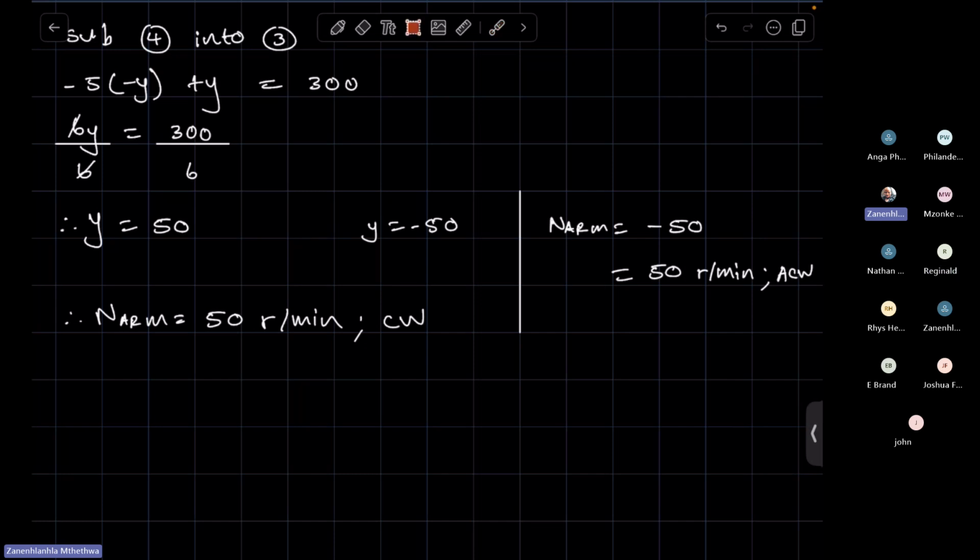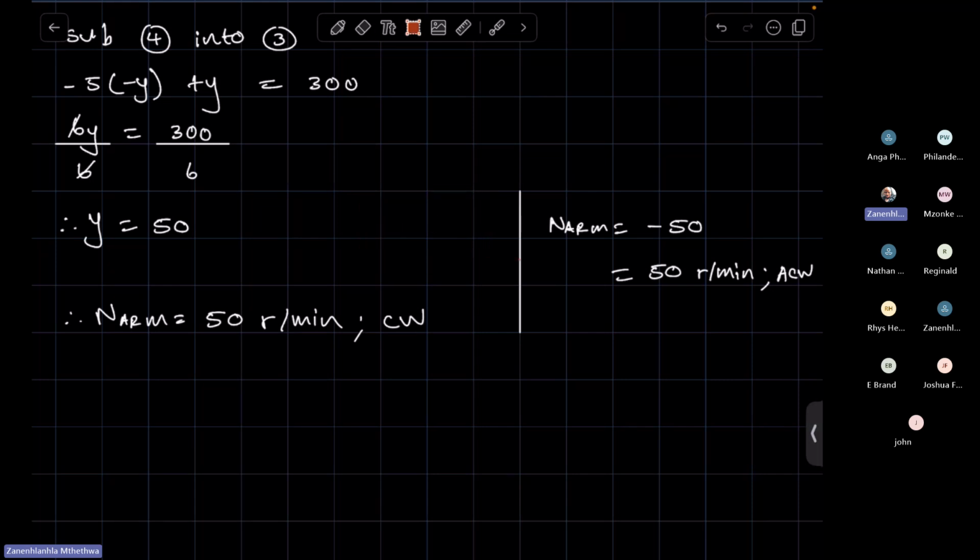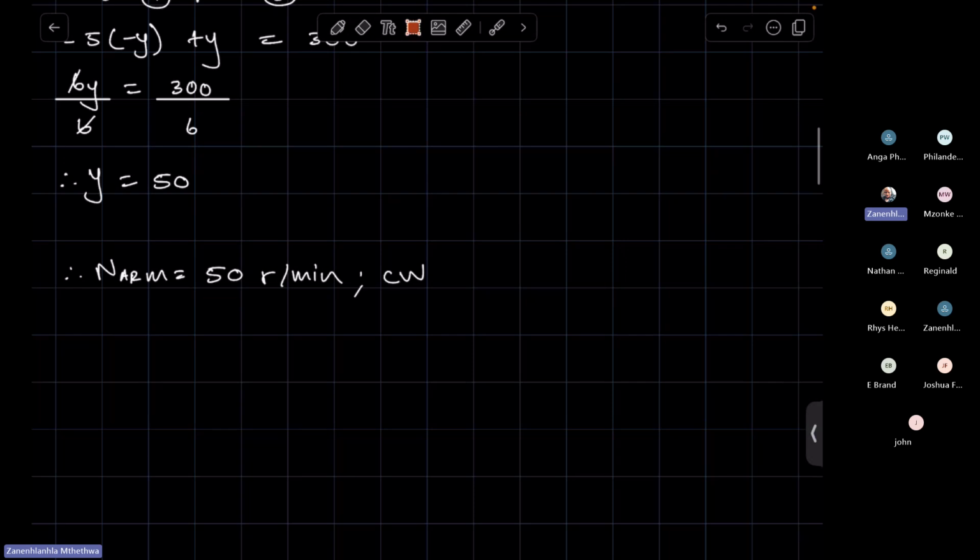Are we clear here? Yes, sir. Okay. So this was hypothetical, so I can remove this. Because y is positive, you then show that by indicating the direction.